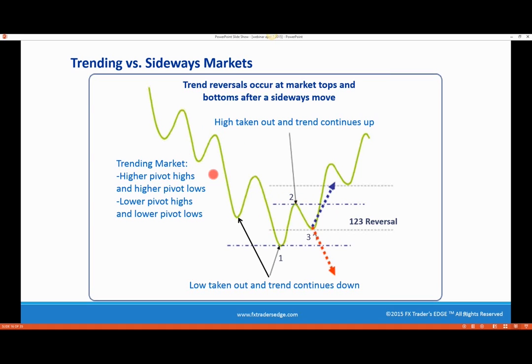So if I think that the trend is changing direction, then I'm going to look at a 1, 2, 3 reversal pattern on a smaller time frame maybe to confirm that we're changing trend. Okay, so remember this pattern. And now let's look at some examples in the market.